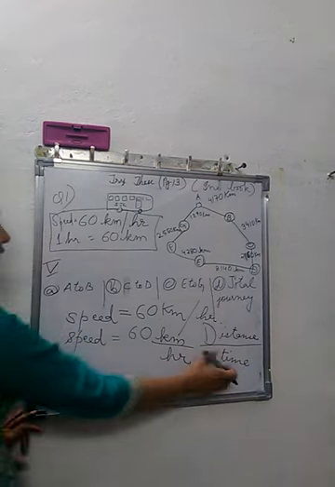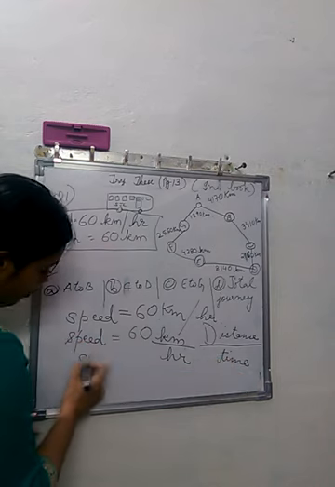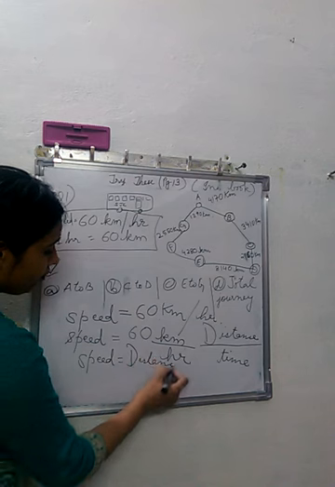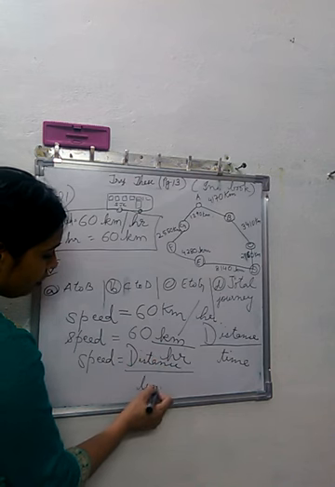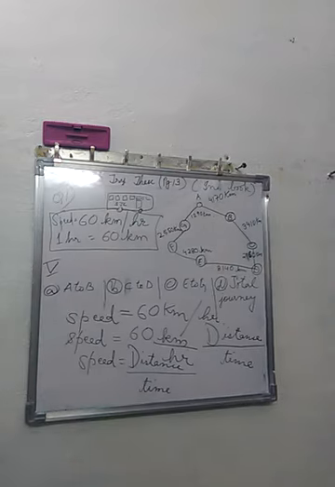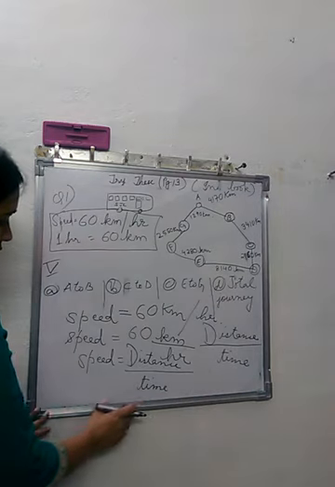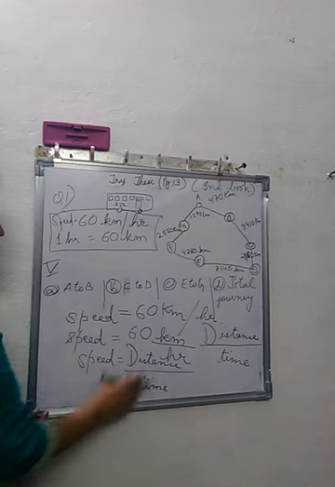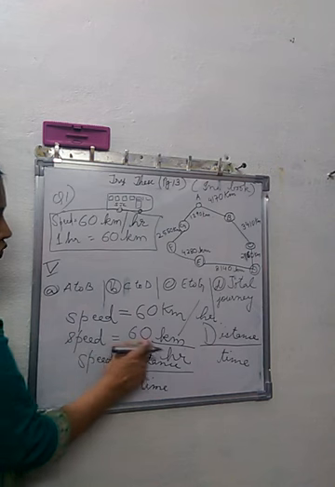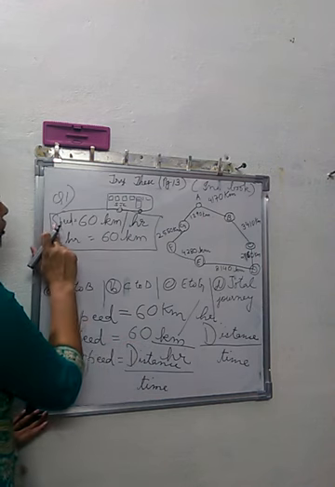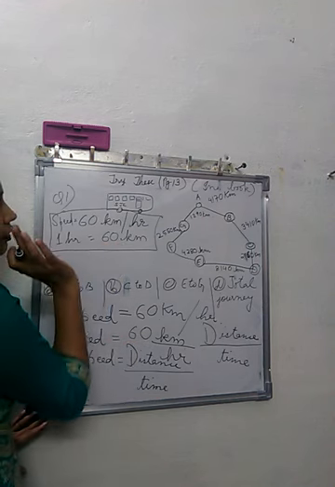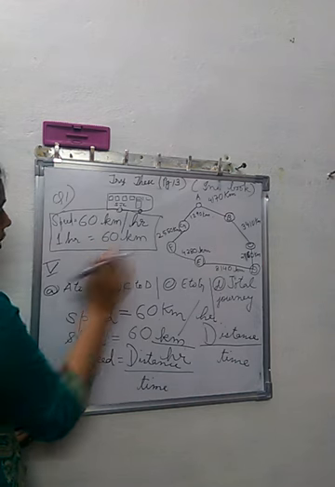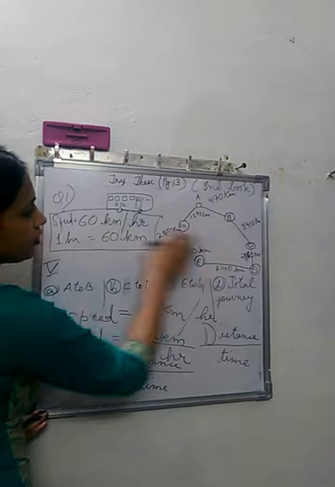So now if we exchange places in the formula we just derived, distance upon time, from this formula we will take out a new formula for how to find the time when the speed is known and the distance is known.